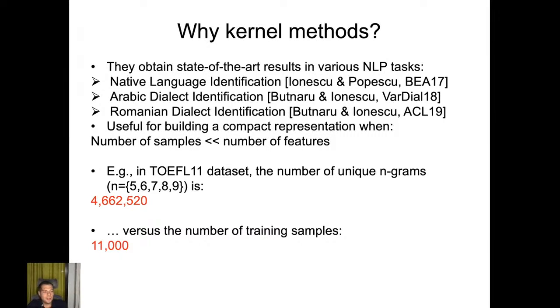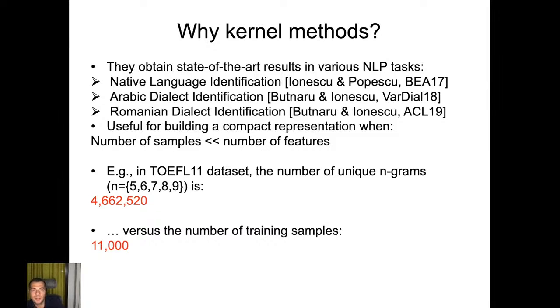So this means that we can identify the country of origin of a person based on the English writing. There are some specific patterns. There could be mistakes or preferences of some word choice that is a bias that comes from the native language.